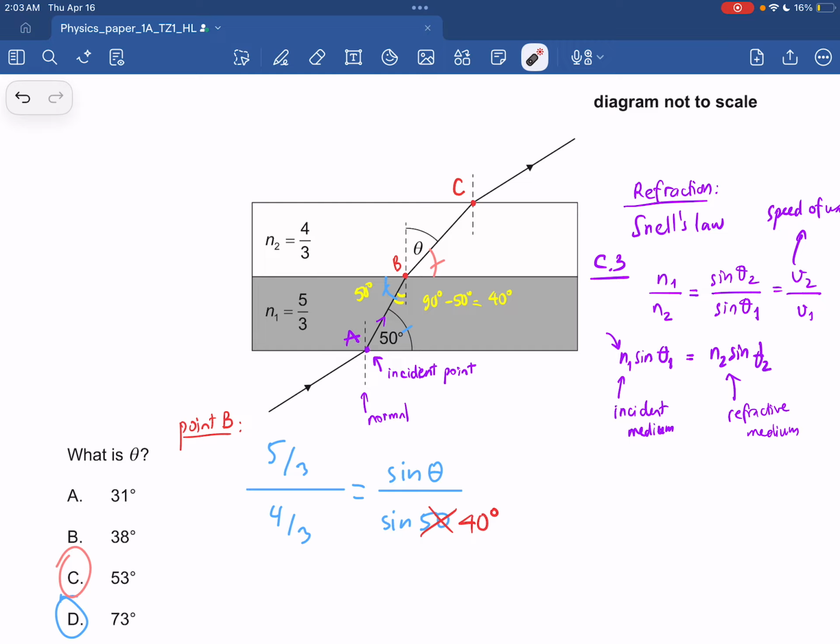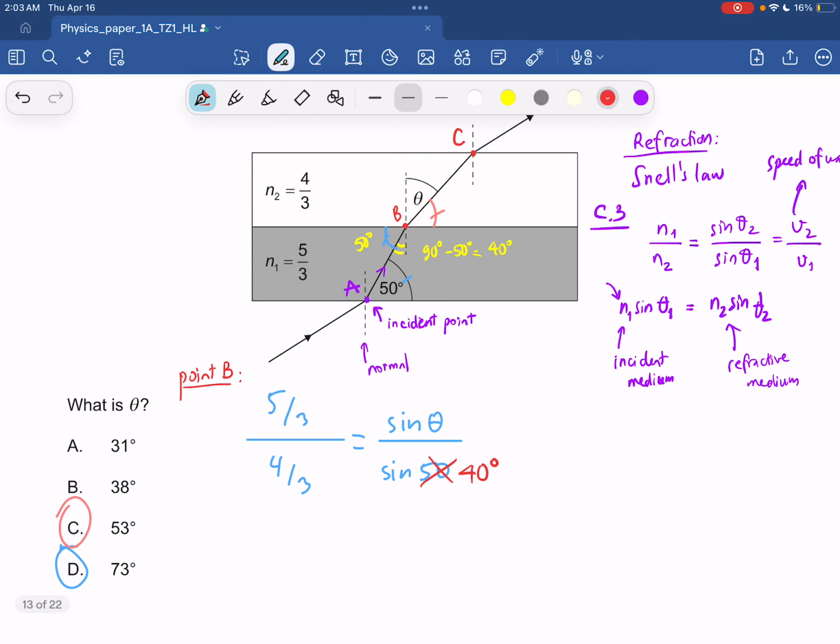And now they ask for this angle here. This is actually theta 2 in this case. So we just have to try it again. 5 over 3 divided by 4 over 3 should be 5 over 4, and this is sine of this angle over sine of 40.